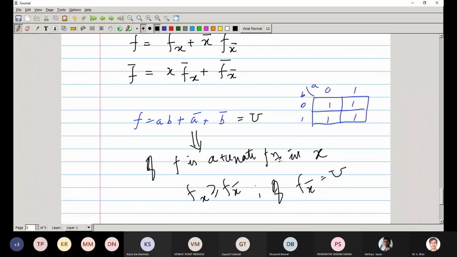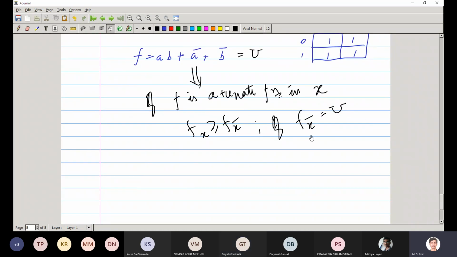Suppose fx bar is a universal function, that is, irrespective of what value x and the other variables take, it is 1.